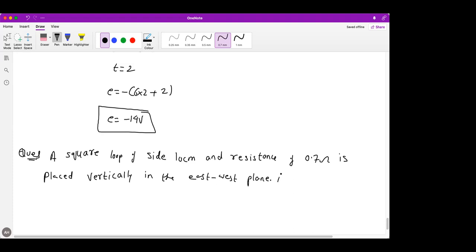A uniform magnetic field of 0.1 Tesla is set up across northeast direction.